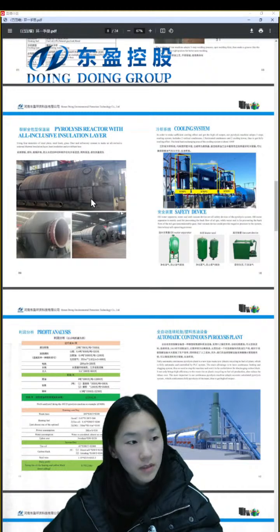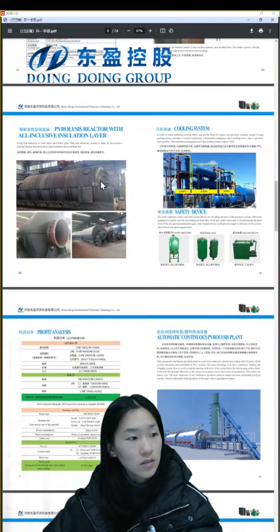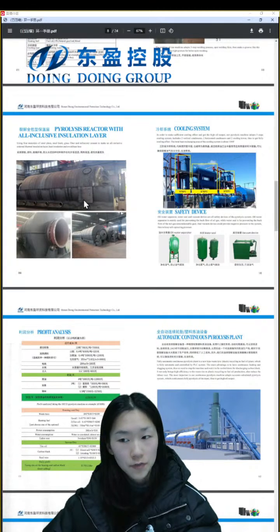Like the partial insulation cover design, you can see the heat. There will be heat loss on these 2 parts, but with our complete insulation cover, there is no heat loss, so it saves the cost of fuel oil.